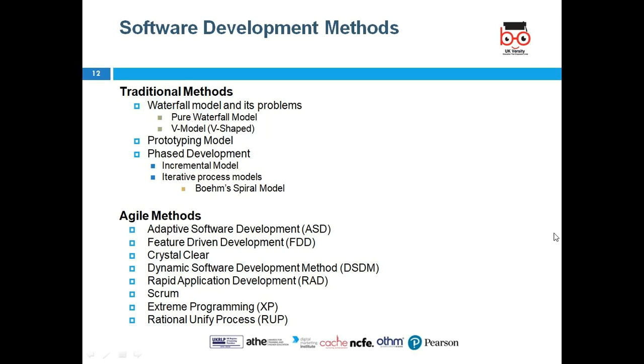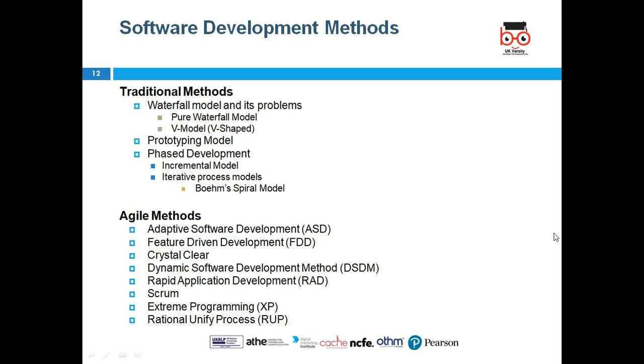So, traditional methods: waterfall and its problems, then the pure waterfall model, and the V model, which is basically an extension of the waterfall model. Then the prototyping model, and then phased development, which is basically of two types: the incremental one and the iterative one.